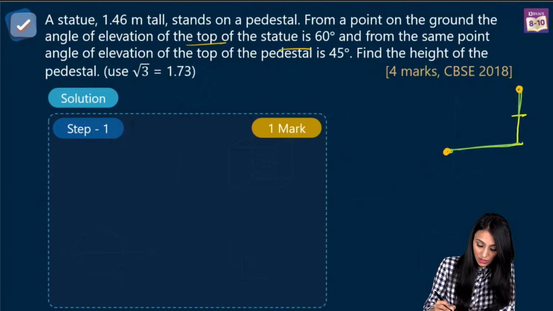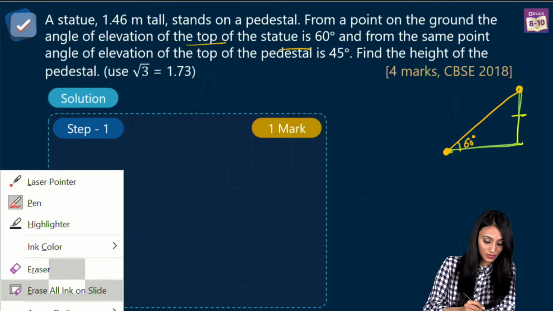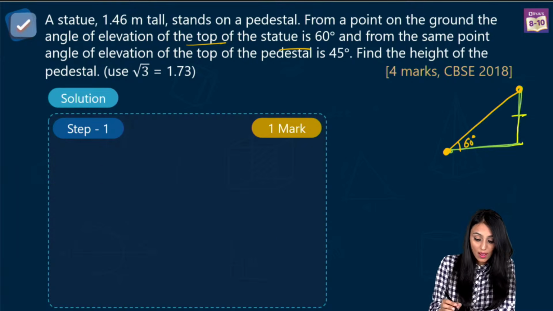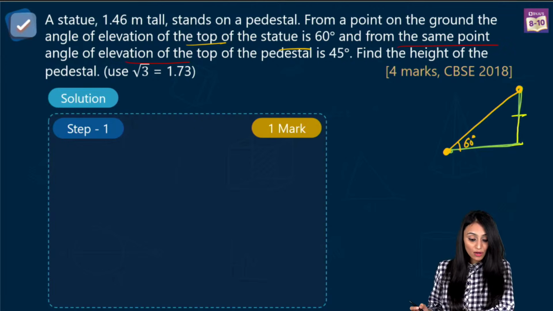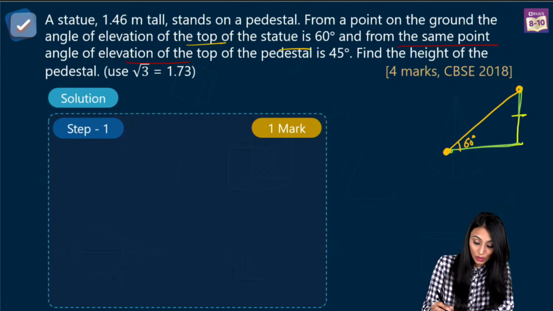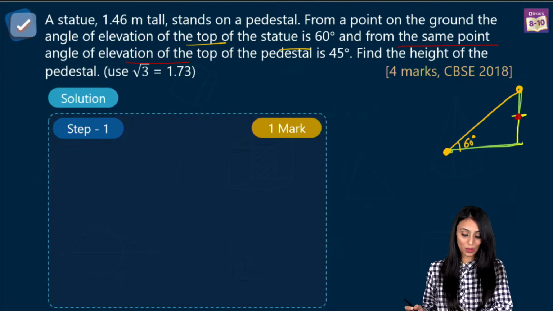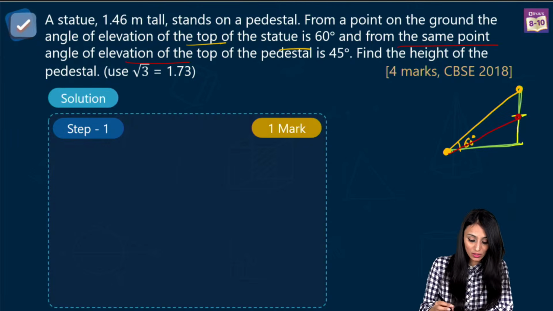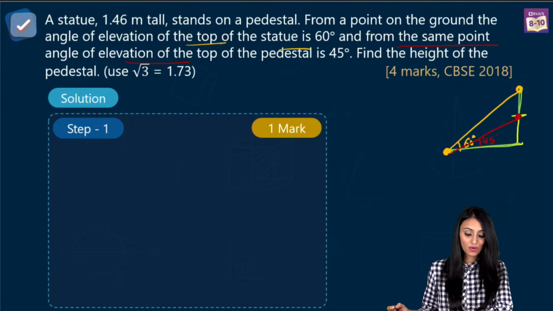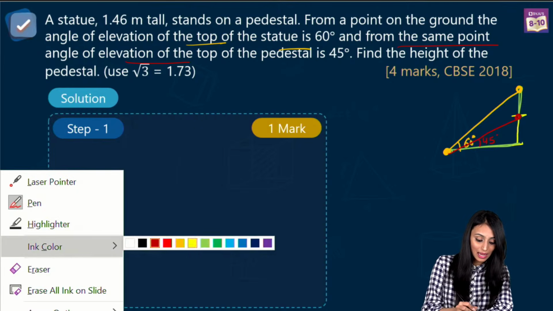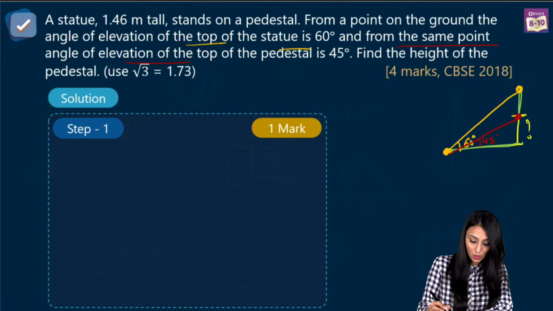That means observer is here, looking at the top of the statue. So angle of elevation is 60 degree. Now, from the same point, the angle of elevation of the top of the pedestal. What is the top of the pedestal? This is the top. From the same point, if we look here, angle of elevation is 45 degrees. Find the height of the pedestal. This is what we need to find out.